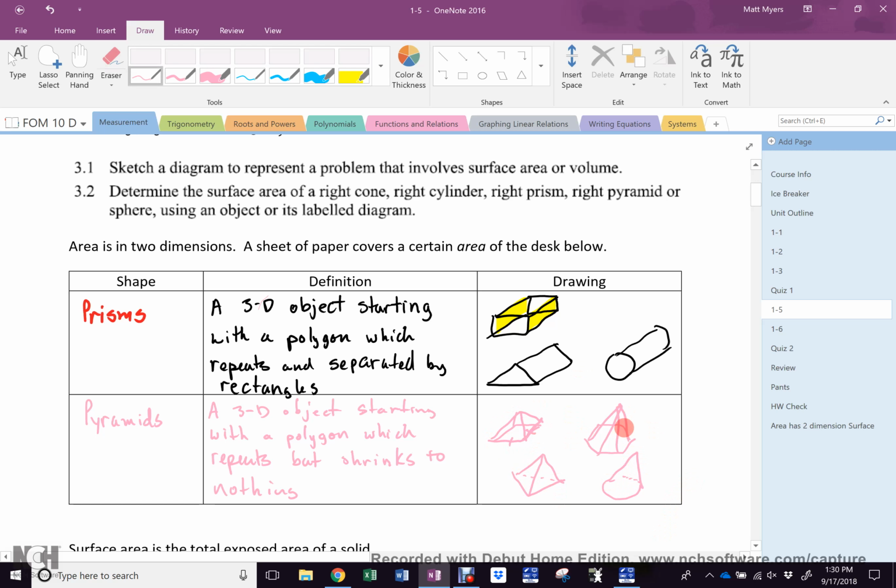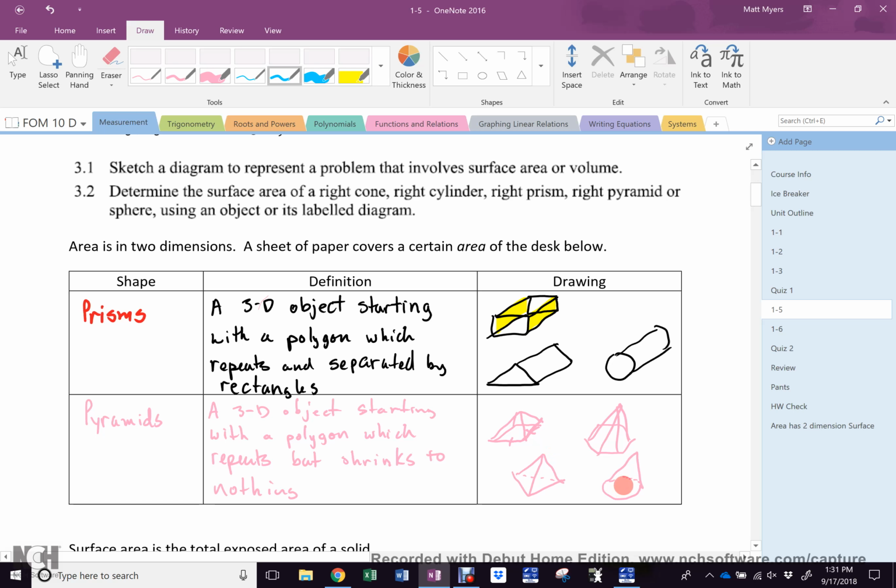Now, the pyramid, which we said started with a shape, just like all the prisms, right? And that shape repeats. So, we need to name that shape. But it can be any shape. So what should we call the shape that we start with, Murat?